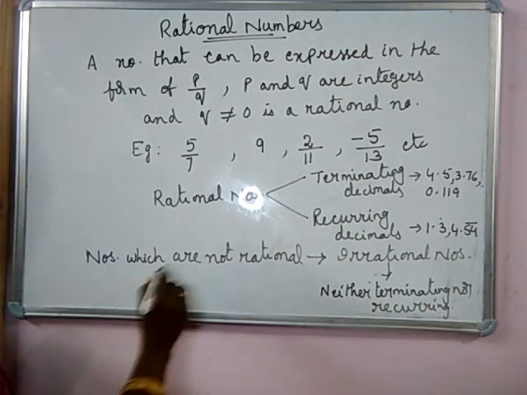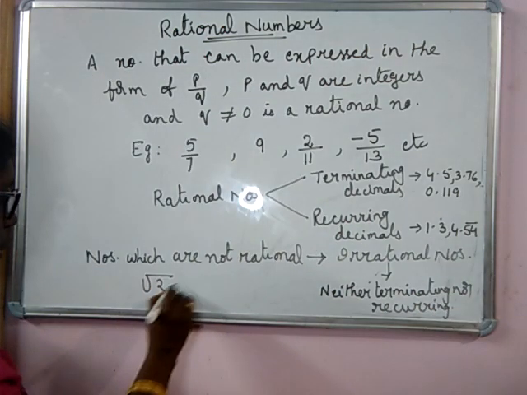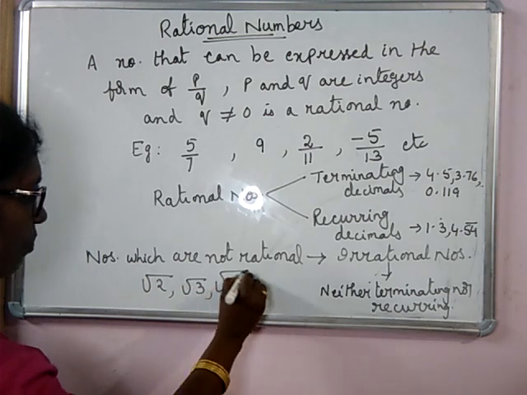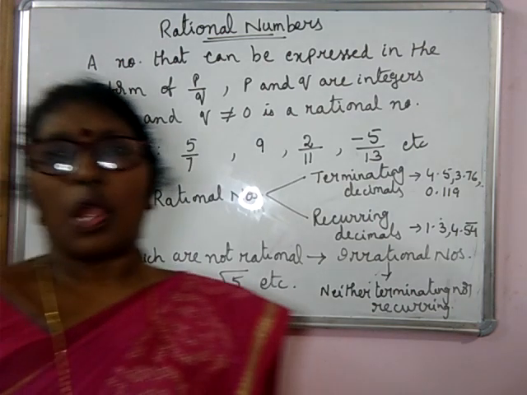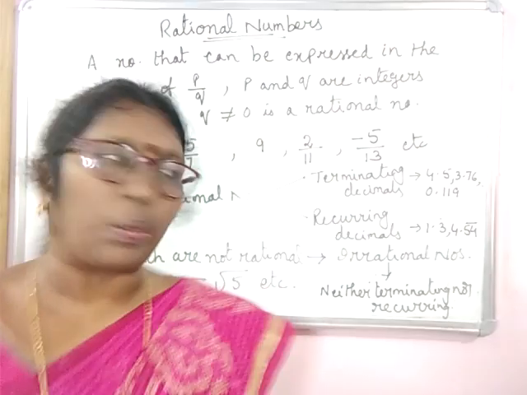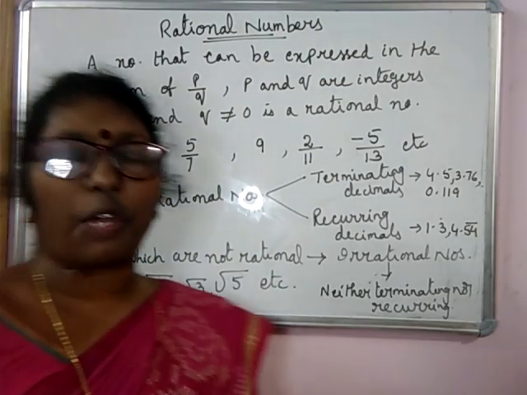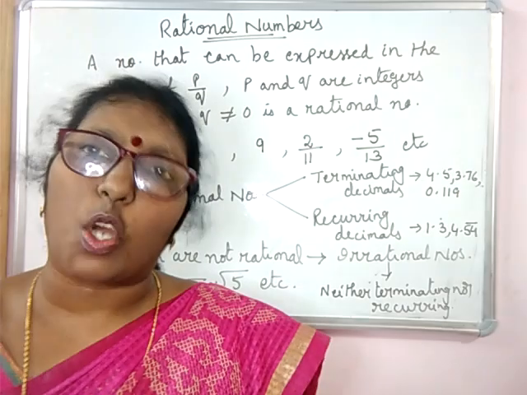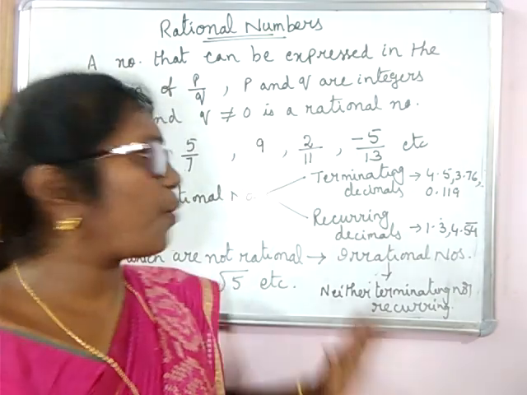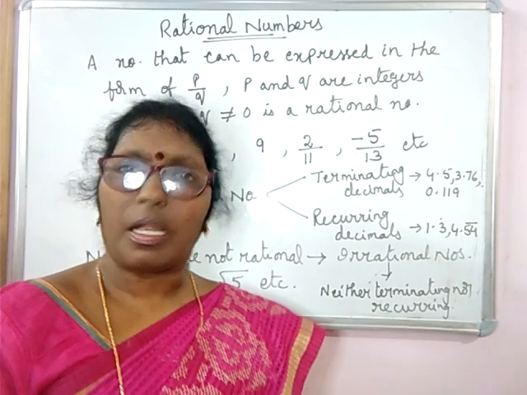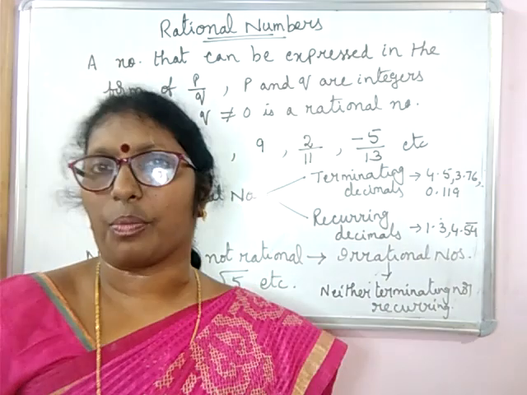Some examples of irrational numbers are root 2, root 3, root 5 and so on. When you find the square root of 2, square root of 3, square root of 5, that means square root of non-perfect squares, you won't get 0 as remainder and you won't get a recurring decimal.